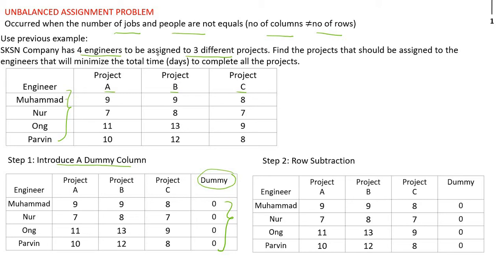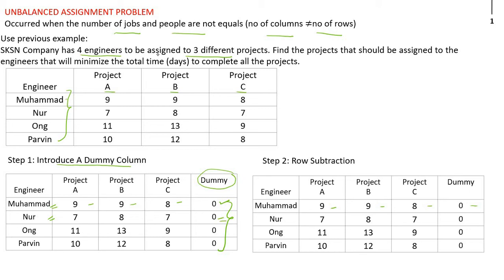The row subtraction is obtained by looking at the first row, which is Muhammad. For this row, the lowest value is 0. So 0 minus 8 minus 9 minus 9, we have 9, 9, 8, 0. And the second row for Nur, the lowest value is 0.